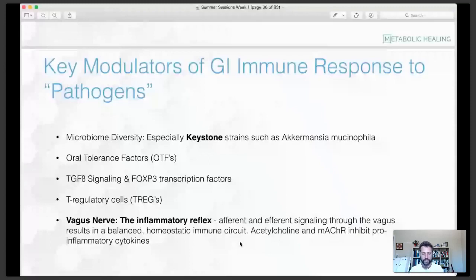How is TGF beta or Tregs affecting, or how is the vagus nerve, through its acetylcholine signaling, regulating the cytokine inflammatory response? The stool test can't show these things. But the reality is that these are the mechanisms that control our immune system's response. Because most of the symptoms that you experience, or your clients experience, from so-called pathogens are your own immune response to the bugs.